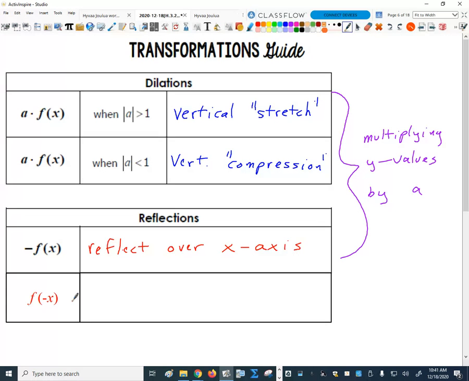I'm adding something. This isn't part of the regular notes, but I'm adding this for you guys. So what happens here if we multiply x inside the function by -1? Anybody care to hazard a guess what that does? Let's investigate. Let's just think about this for a second.